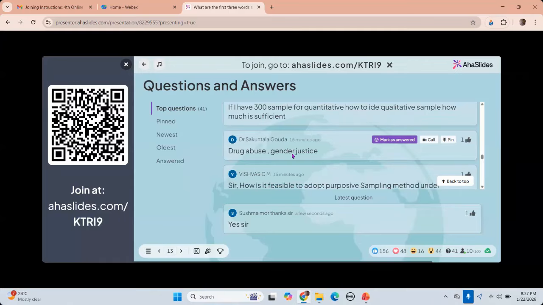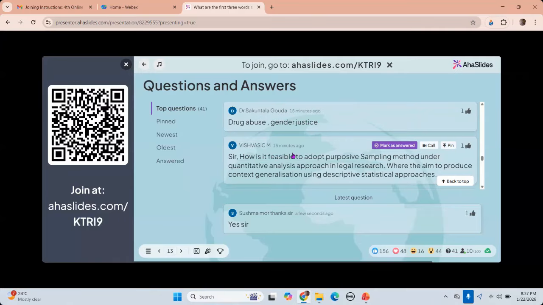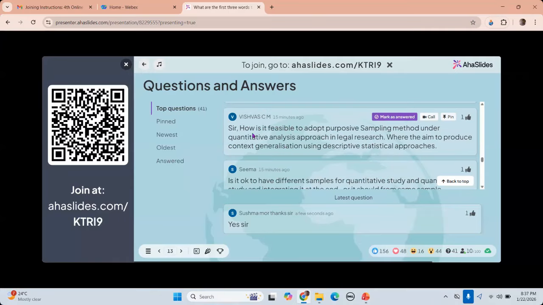Sakuntala, drug abuse and explanation. Last question, maybe. How is it feasible to adopt purposive sampling method under quantitative analysis approach in legal research, where the aim is to produce context generalization using descriptive statistics?